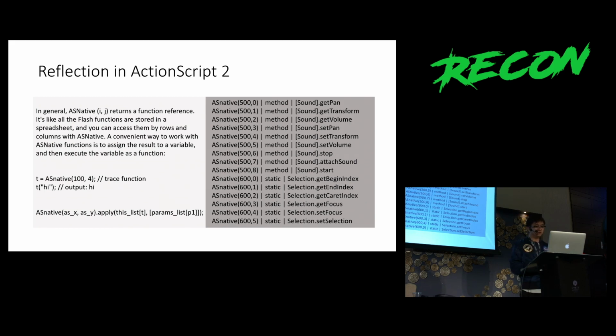You can set the first argument and the second argument of ASnative randomly and call AS2 functions. On the right side, you can see the first line, ASnative 500 represents the getPan method of the Sound class.